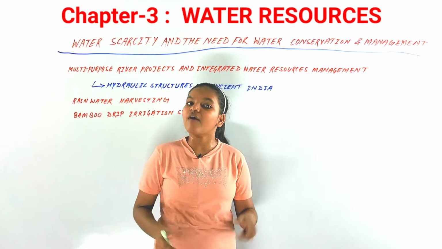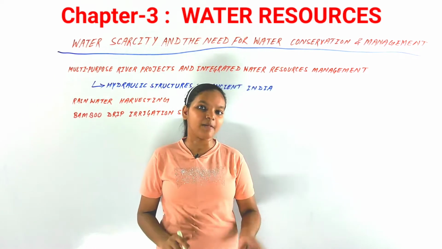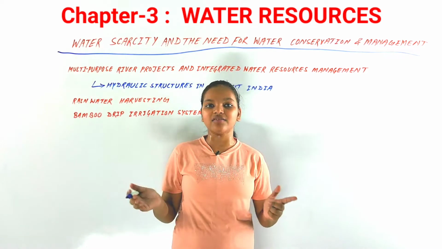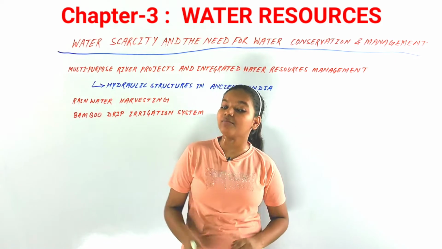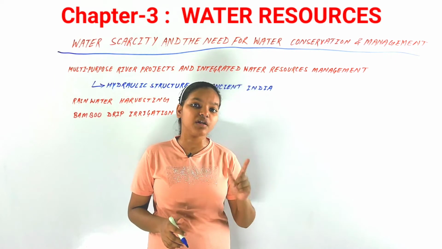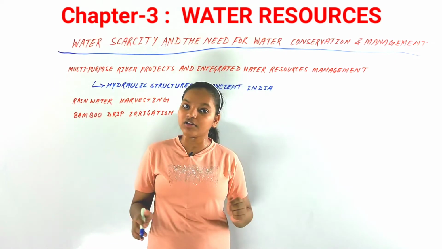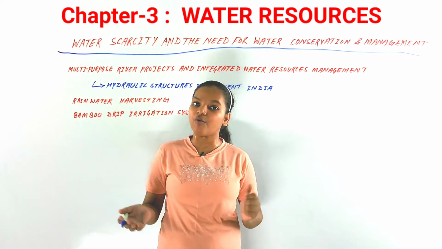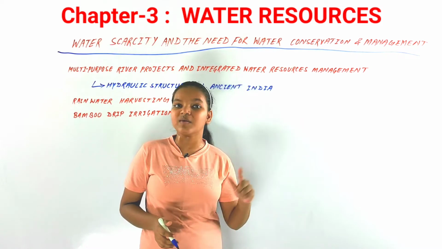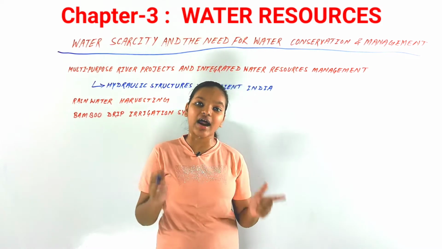Why are so many areas so dry? And why have many scientists predicted that by 2025 around 2 billion people all over the world will live in absolute water scarcity?